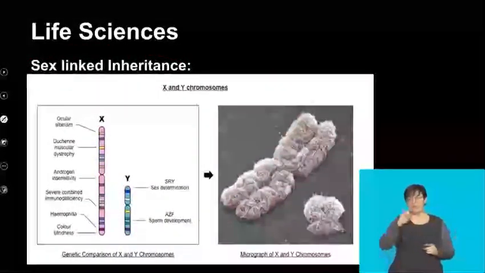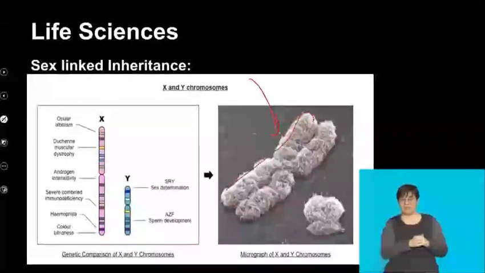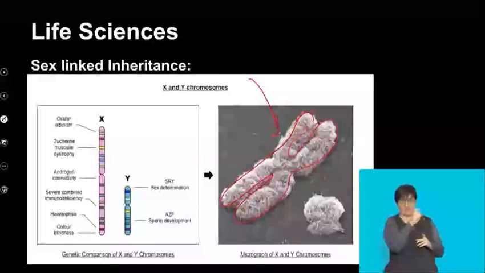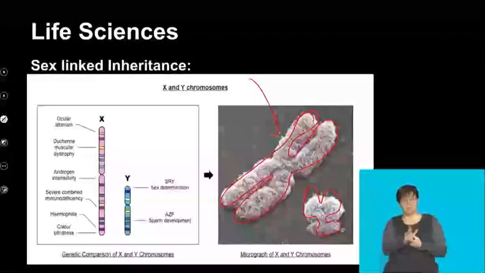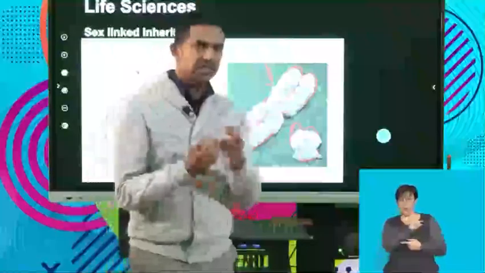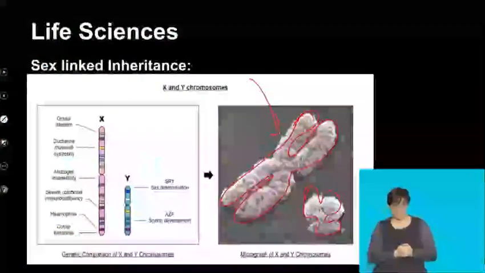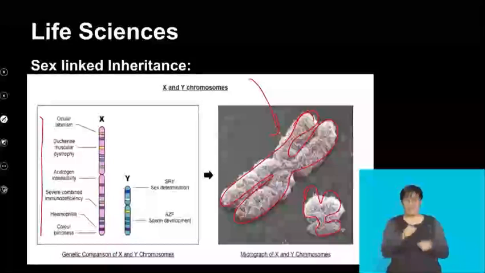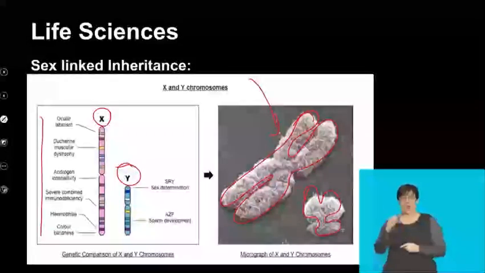Here's an electron micrograph indicating a comparative size between the X chromosome and the Y chromosome. The Y chromosome appears much shorter based on the position of the centromere, but we'll chat about that at some other point. This shows you how different the X chromosome is and the number of genes that it contains, whereas the Y chromosome is significantly shorter, having fewer genes.